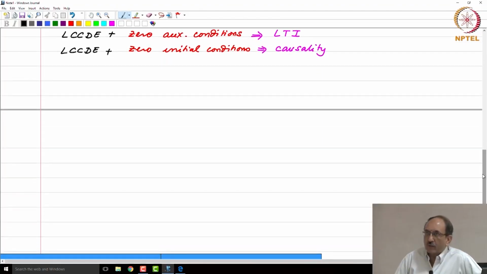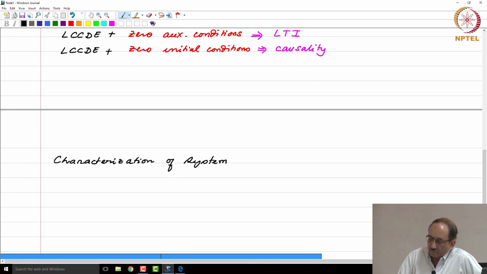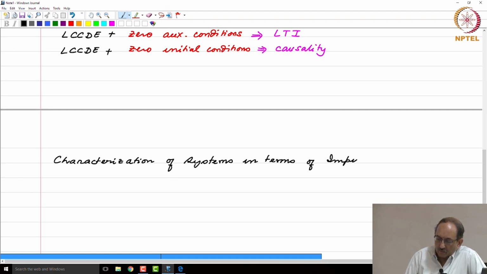Now, let us further look at characterization of systems along these two lines. That is, we want to look at characterization of systems in terms of impulse response duration.